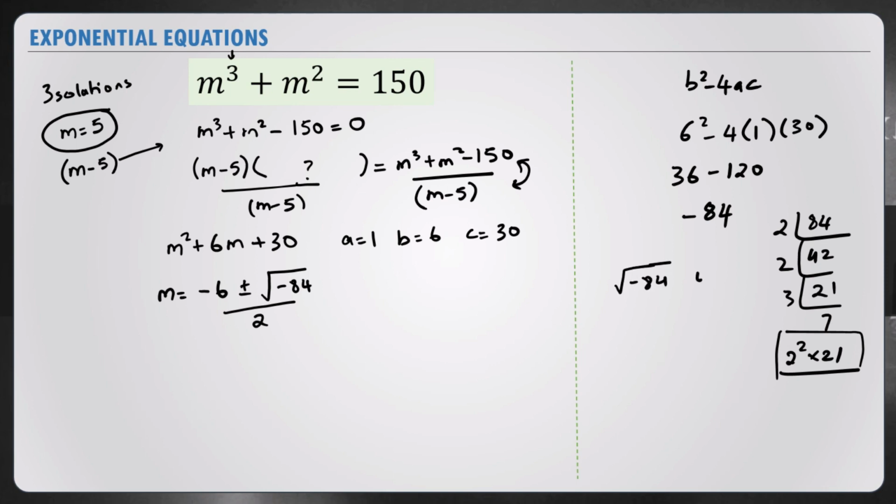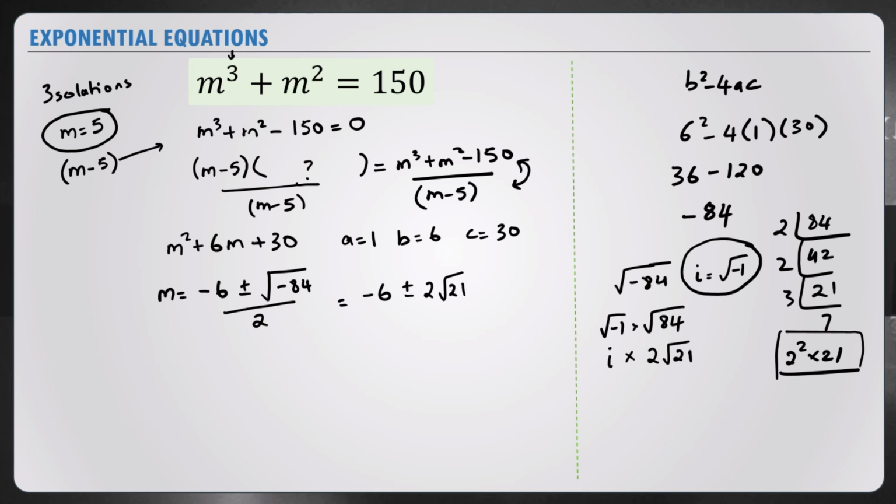Let's solve the square root of negative 84 here. We know that i is equal to the square root of negative 1. That's your imaginary number. So that's the square root of negative 1 into the square root of 84, which is i into the square root of 84, and the square root of 84 is 2 root 21. So this will be equal to negative 6 plus or minus 2 root 21 i, imaginary number i, over 2.